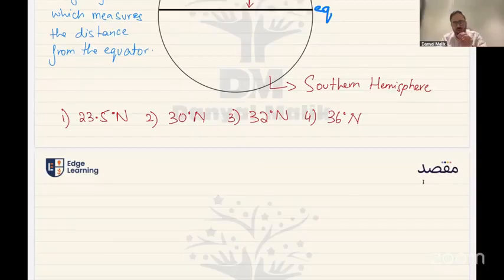Imagine how easy it is. If I have written down 23.5, it can't go even 0.5 above or below. It's not that 24 or 23 will come in the question. It is 23.5, so it will stay 23.5.